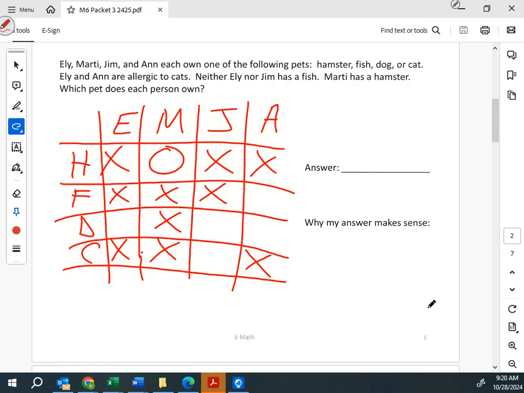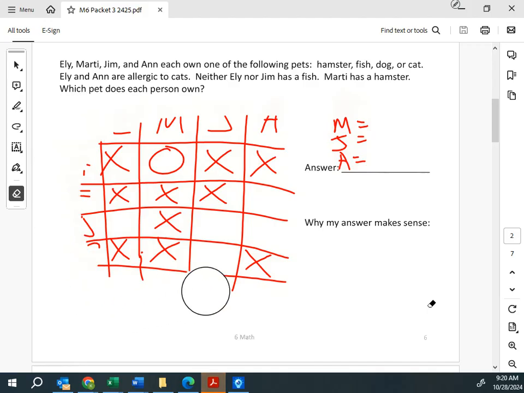So see if you can figure out what somebody else has, crossing off for the other people, and narrow it down so you can see what pet Eli, Marty, Jim, and Ann have. And over to the side here, you need to tell me: Eli has this, Marty has this, Jim has this, and Ann has this. So your final answer should have their names with their pets over to the side.